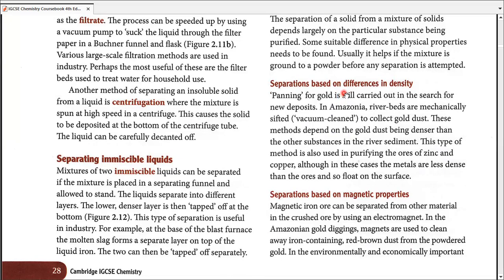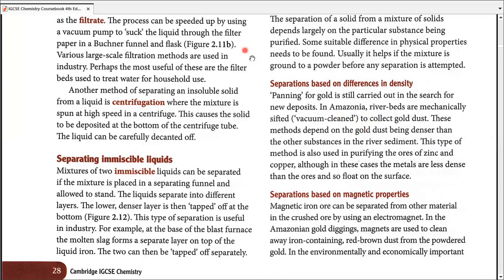Families living nearby would get up early in the morning, and everyone would pick up their own pan, the males, the females, even the children. They went to the river nearby and panned for the whole day. At the end of the day, they would be able to collect a small amount of gold, and they used to sell that gold to the merchants nearby in order to earn their bread and butter.